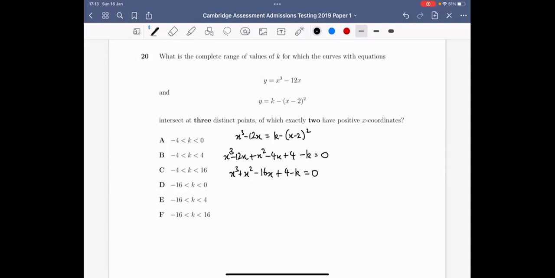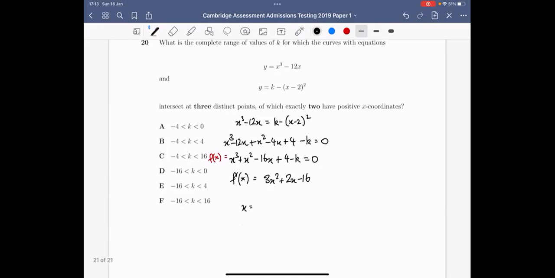Well, if they're intersecting at 3 distinct points, that means whatever graph this is should have 2 stationary points. So if you make this f of x, then its derivative is 3x squared plus 2x minus 16.